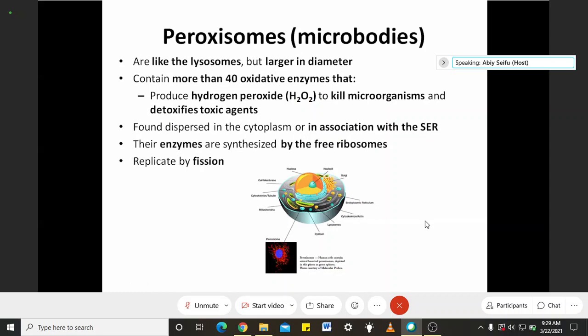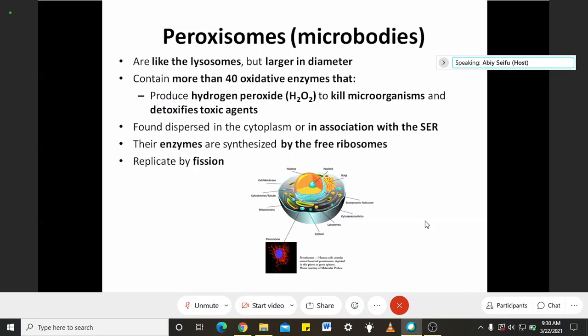The next organelles, which are comparable with the lysosomes but bigger and have different types of enzymes, are peroxisomes. Peroxisomes contain about the same number of enzymes, but these enzymes are different. These are oxidative type of enzymes which are able to produce hydrogen peroxide. This hydrogen peroxide is toxic to microorganisms, and it is important for detoxification of toxic agents.